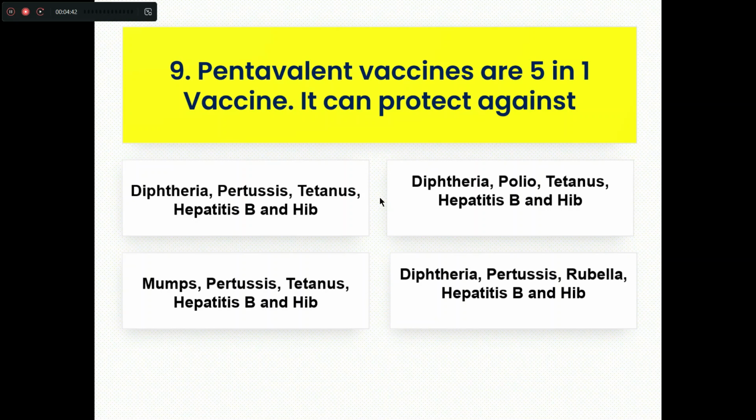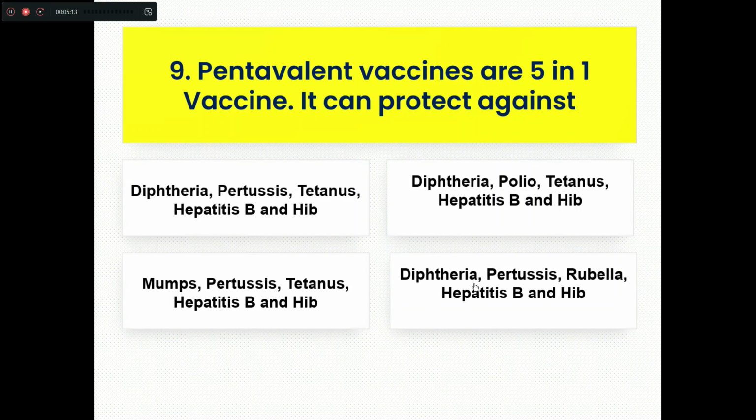Pentavalent vaccine, or 5-in-1 vaccine. It can protect against option A, diphtheria, pertussis, tetanus, hepatitis B, and HIV. Option B, diphtheria, polio, tetanus, hepatitis B, and HIV. Option C, mumps, pertussis, tetanus, hepatitis B, and HIV.